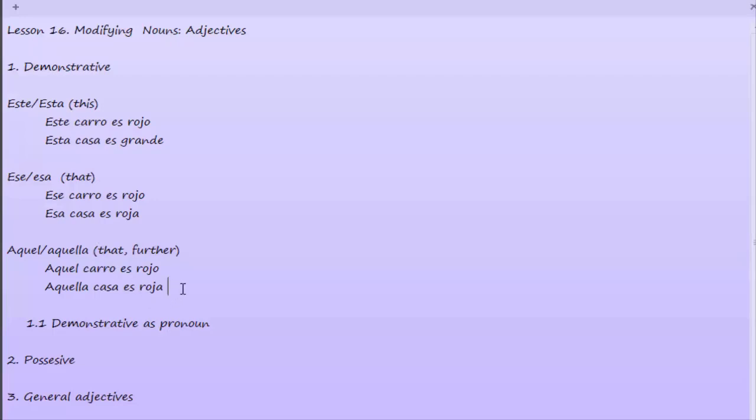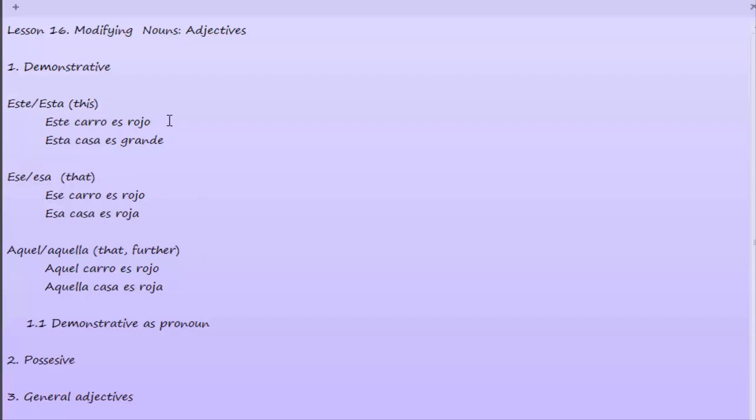Okay, but we have worked so far only with singular. Carro, casa, only singular cases. If we had a plural case, we would have to add an s and to make some changes in some cases. So here, este carro es rojo.